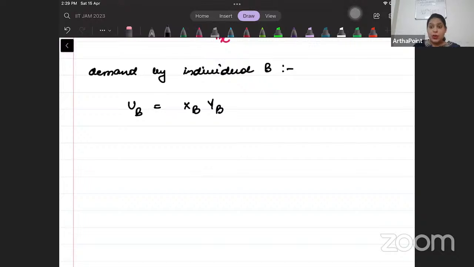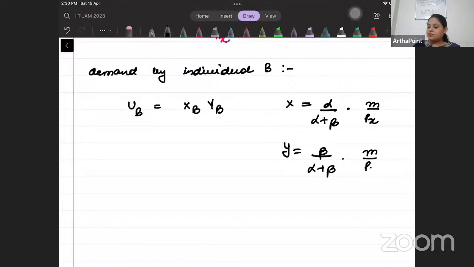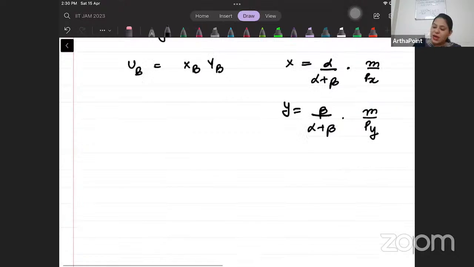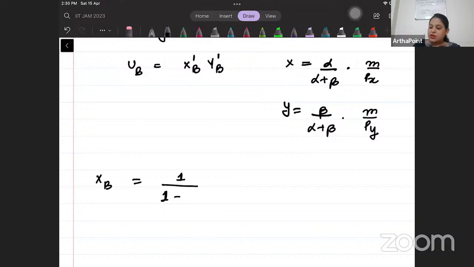Whenever you have a well-defined Cobb-Douglas function, the demand of X is given by alpha upon alpha plus beta M by PX, and Y is given by beta upon alpha plus beta M by PY. Here alpha is 1 and beta is also 1. So XB will be alpha upon alpha plus beta, income of individual B upon price of good X. So half income of individual B upon price of good X.